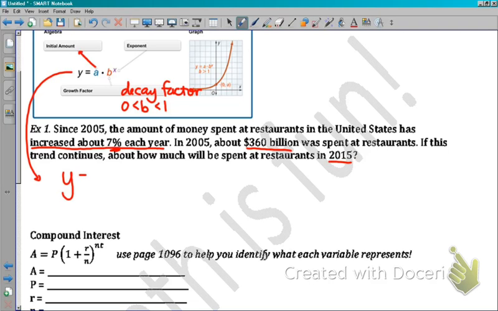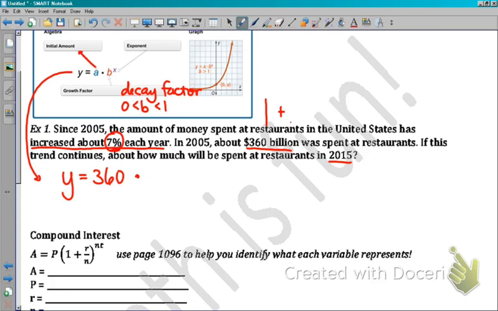So y equals the initial amount. Well, how much was initially spent at restaurants? $360 billion, and I'm not going to write the word billion. That'll just go in as part of our answer. So 360 times b, our growth factor. So what is it increasing by? This percentage of 7. But remember, you have to add 1 to it.